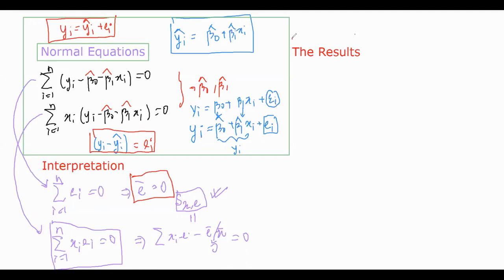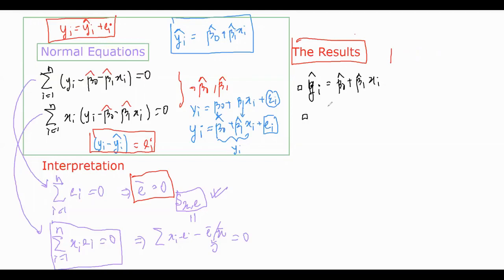So let's revise the results we have got out of this normal equation. We know that beta naught hat plus beta 1 hat x bar equal to y bar, right? Let's write down the results one by one. The first result we got is that yi hat is equal to beta naught hat plus beta 1 hat xi.